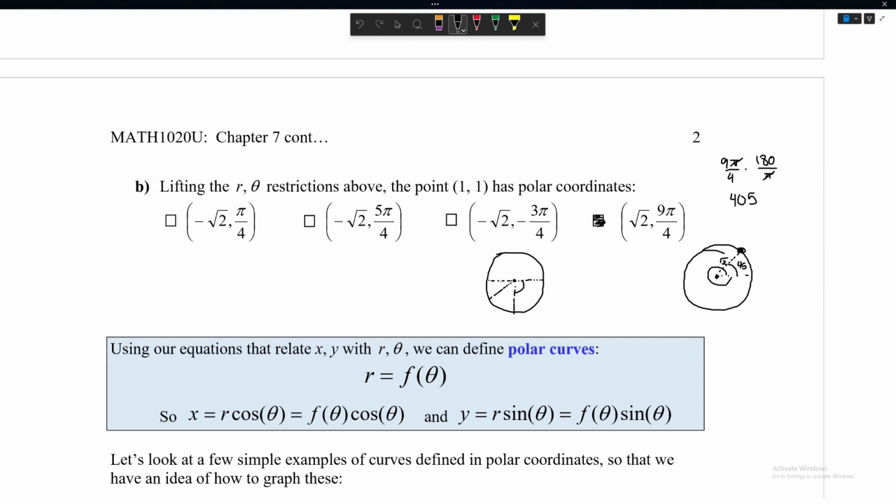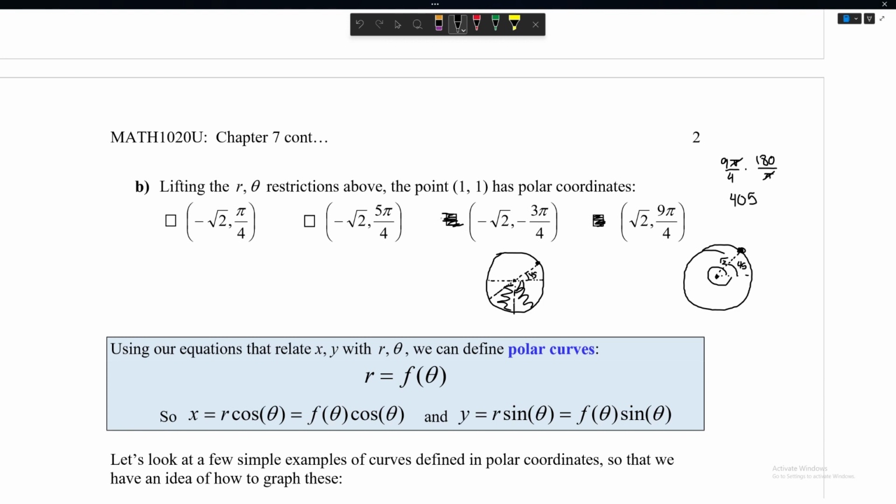I know 135 is here because it's past the 90, but it's not past the 180. So you could also do 180 minus your 135, or you can do 135 minus 90, which will give me whatever this is, which is 45. But since we have negative, we go in the opposite direction, 45. And so that is the same.